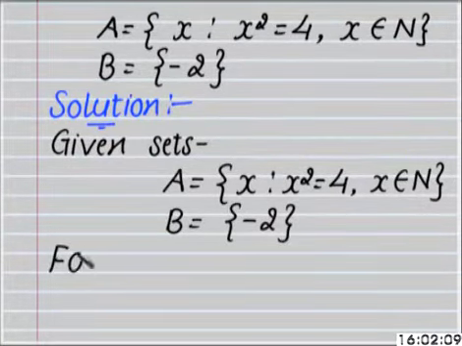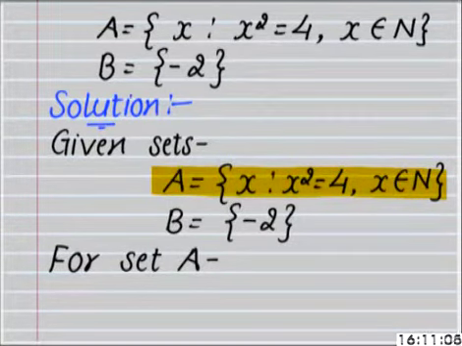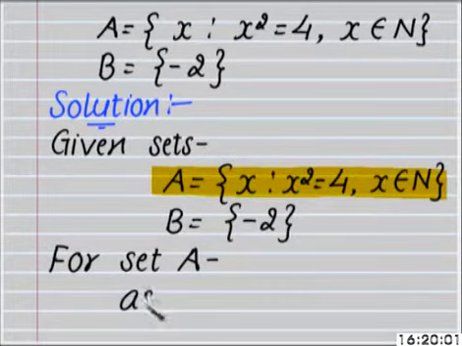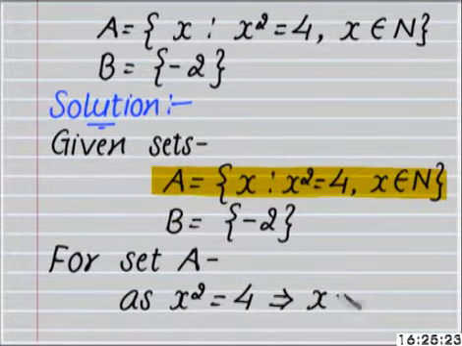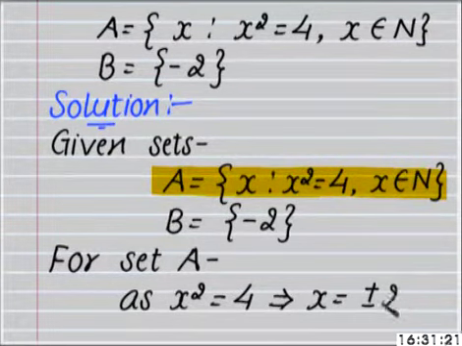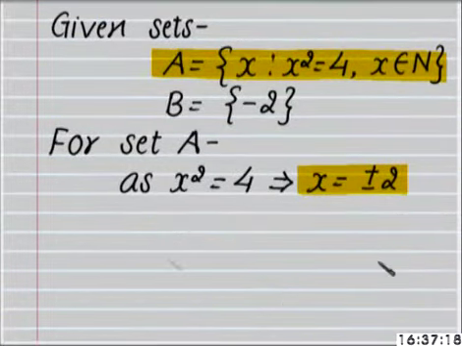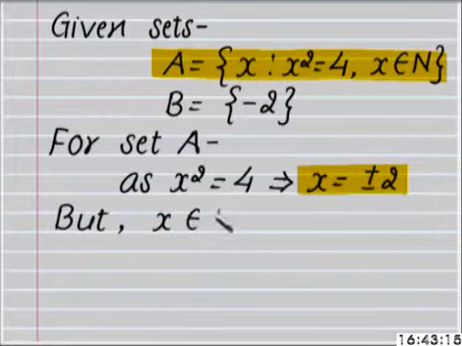For the given set A, first of all we will write it in the roster form. As set A is the set of all x such that x square is equal to 4 where x is a natural number. Now as x square is equal to 4 implies that x is equal to plus minus 2 but x is a natural number.